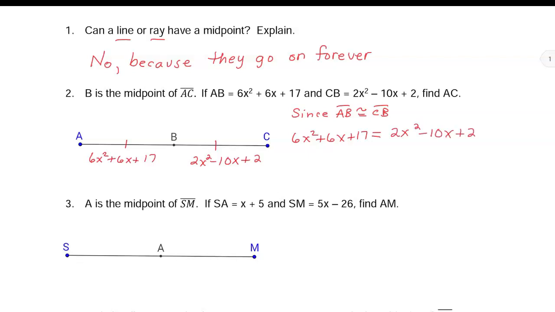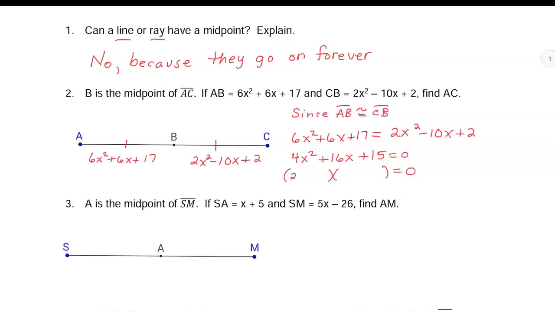So I will subtract 2x squared from both sides and add 10x and minus 2 from both sides, and I'll get the quadratic 4x squared plus 16x plus 15 equals 0. That's a quadratic which will factor into two binomials.